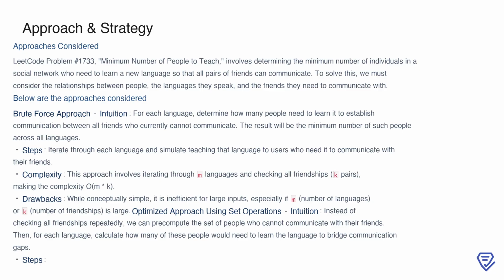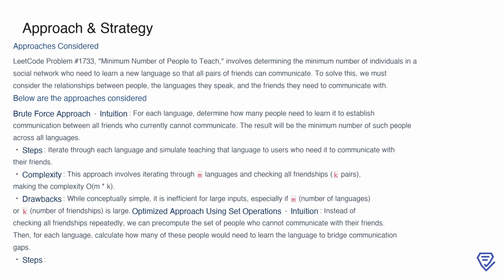The result is the minimum number of people across all languages. However, this approach has a significant drawback. Its time complexity is m*k, where m is the number of languages and k is the number of friendships. This makes it inefficient for large inputs with numerous languages or friendships.